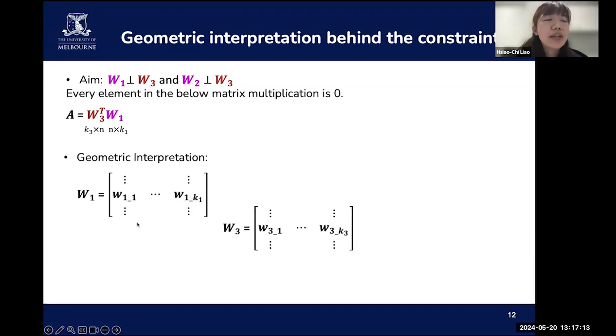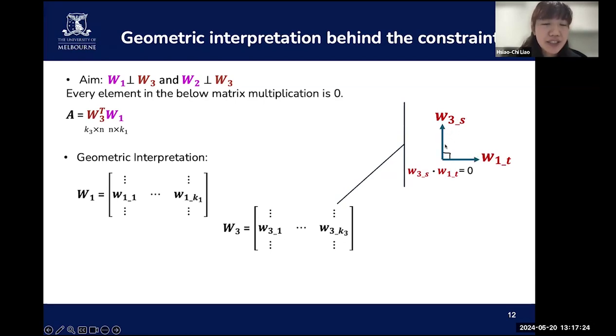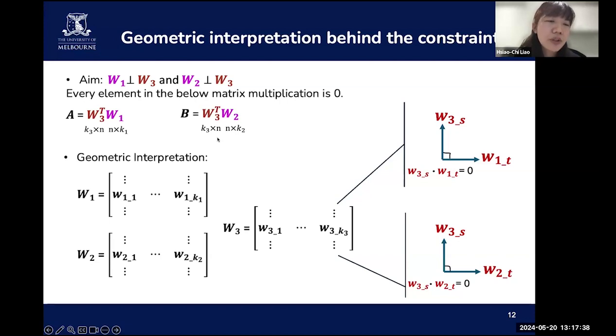When we do the matrix multiplication, the columns in the 2 matrices, in the vector space, are actually perpendicular, and the dot product will be 0. And this is why we will have zeros everywhere in the A matrix. The same logic can be applied for achieving the orthogonality between W2 and other modality and our shared unwanted vectors.